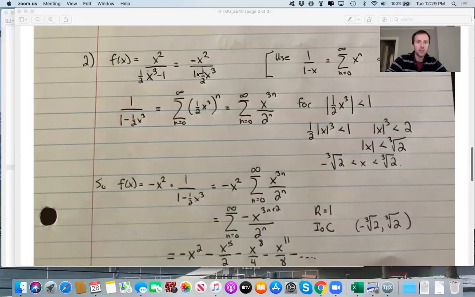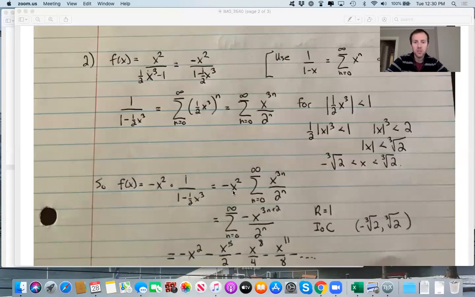So the original function f of x, we can write it as -x squared times 1 over 1 minus 1/2 x cubed. This fraction we dealt with already. That's what this first step was. So we can represent our function as -x squared times this series that we just found.